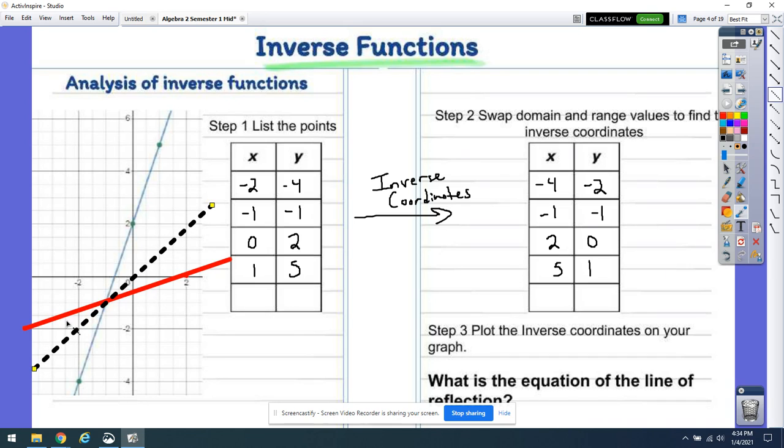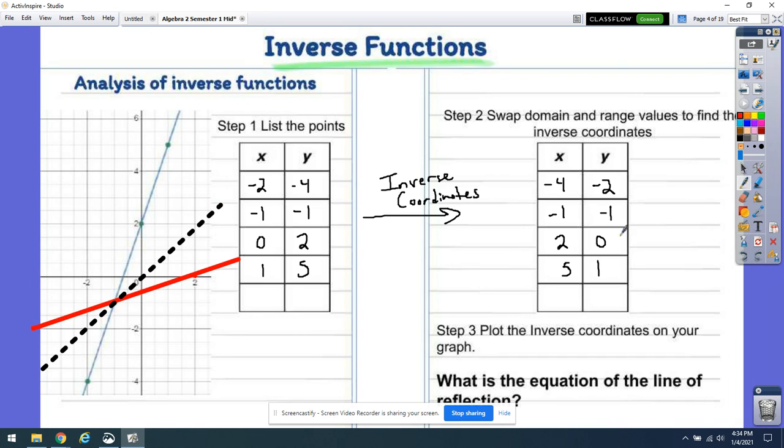And what would that equation be? Any equation for an inverse reflection line should always be the function y = x. That is your reflection line, or your equation for it.